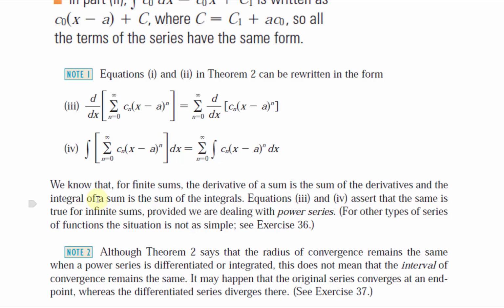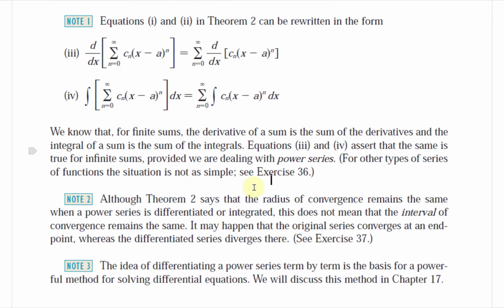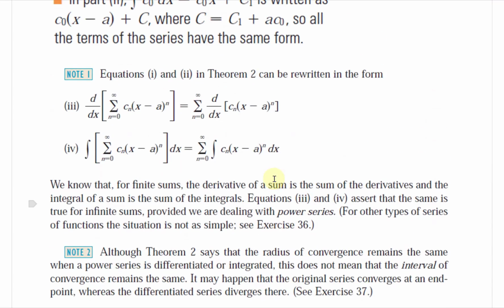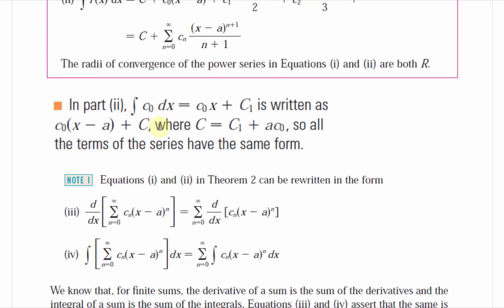This is usually the case for regular finite sums, but now we're looking at infinite sums. These equations assert that this is true for infinite sums, provided we are dealing with a power series. For other types of series of functions, the situation is not as simple, and this is exercise 36. I believe I went over that in this video.